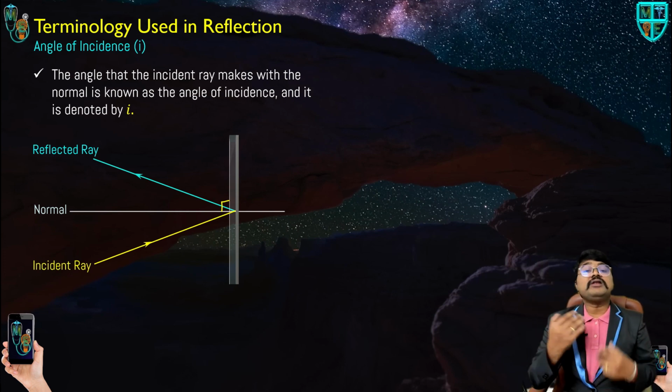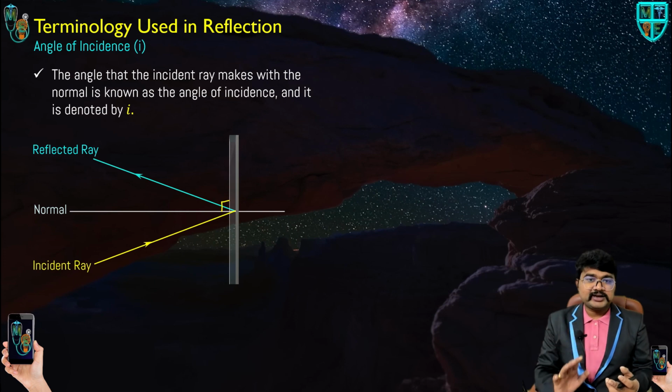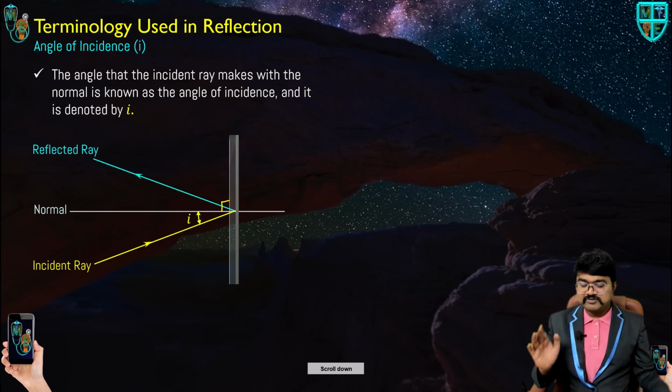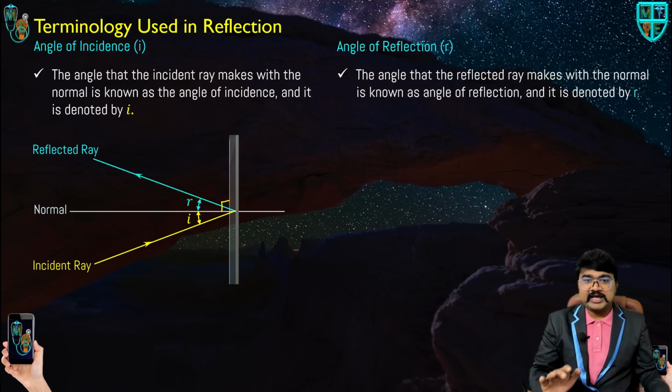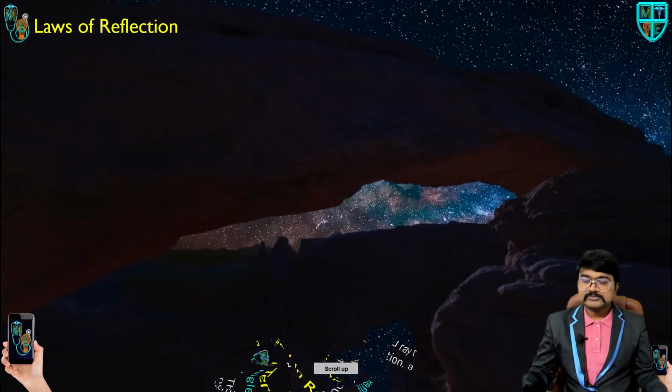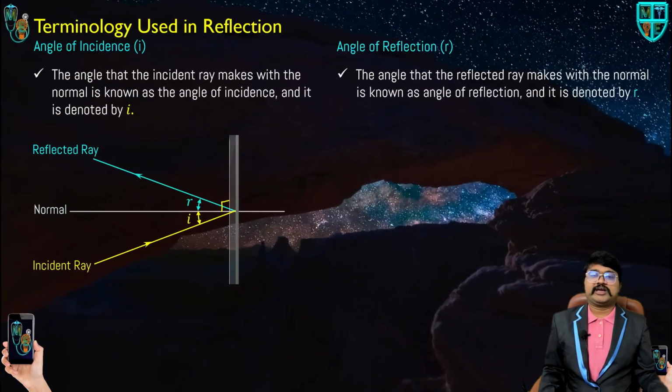The angle made by the incident ray with the normal is nothing but the angle of incidence. The angle made by the reflected ray with the normal is nothing but the angle of reflection.